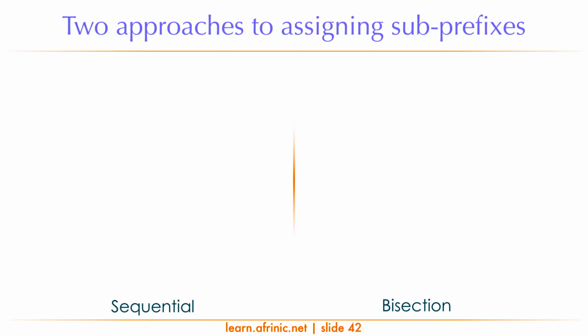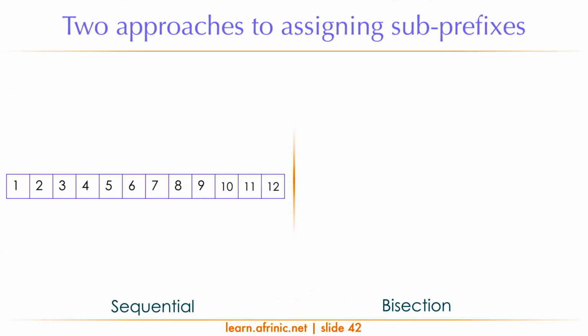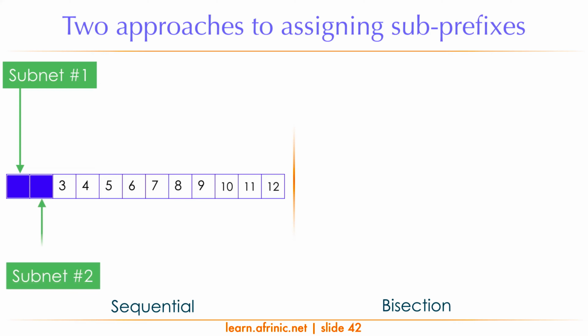But with bisection, you'll be skipping. You don't do it sequentially. So instead of allocating the second subnet, I'm going to skip to the 6th subnet, then skip to the 9th subnet, and come back to the 4th.